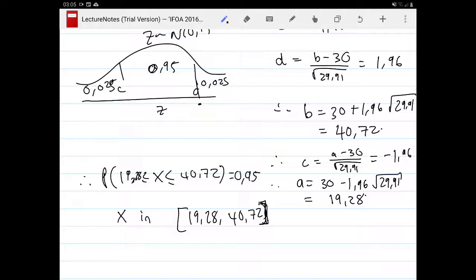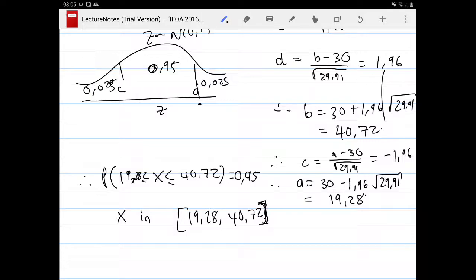Your X value, the number of claims that you have in a year, 95% of the time, or with 95% probability, will fall into that interval. And that's what a confidence interval basically is.